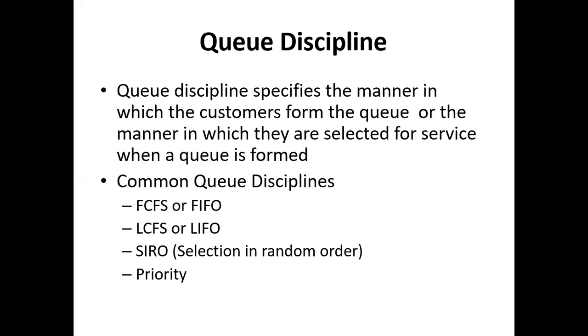The next one is LCFS or LIFO, which stands for last come, first served, or last in, first out. The third one is SIRO, which is selection in random order. And the last one is based on priority, where you are selected for service according to priority.